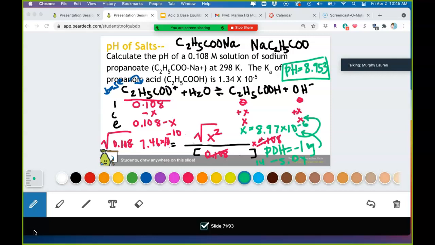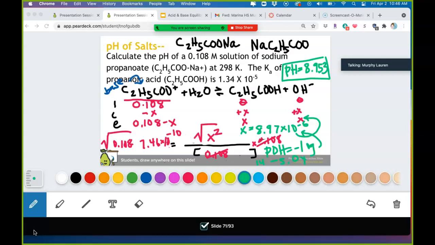For example, when we did the weak strong titration, a weak acid and a strong base, and I asked you to find the initial pH, that wasn't a titration problem. It was a weak acid problem at the beginning, because all you had was a weak acid. This was also part of that problem.